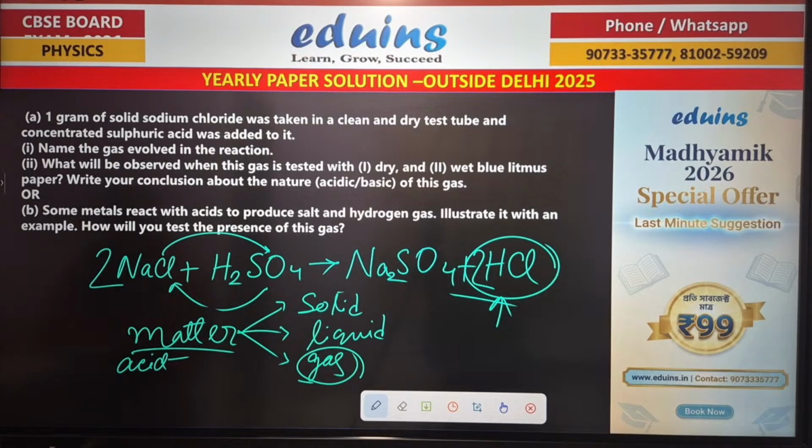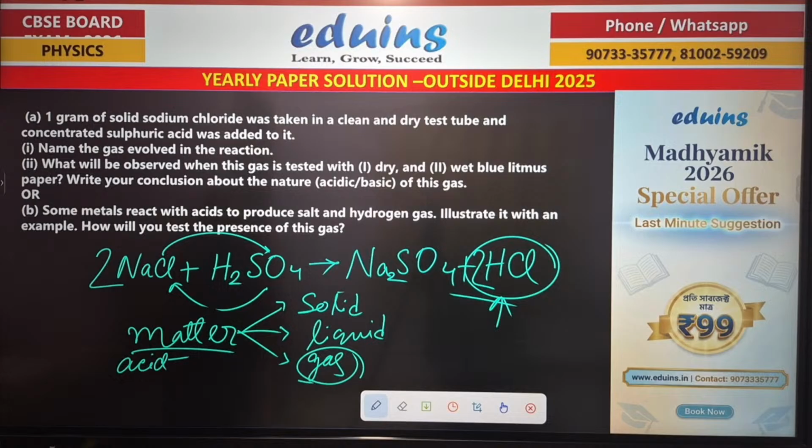For class 10, we study 3 states. We also have the boson particle, but we study proton, electron, and neutron. This is our syllabus, right?